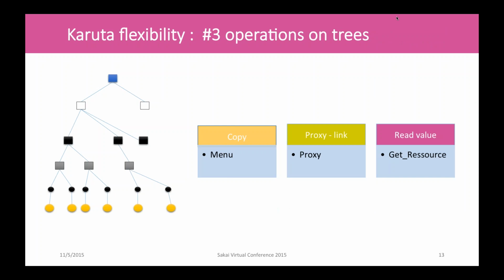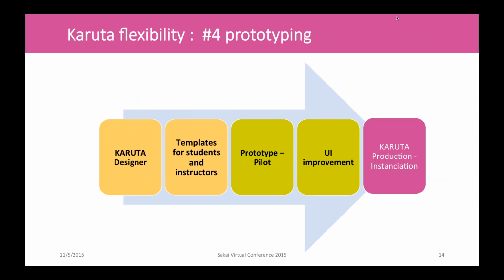Additional operations on trees allow copying information via menus, providing a proxy or a link to information, or reading values for things like rubric criteria. We'll be showing a little bit more about this in a minute.